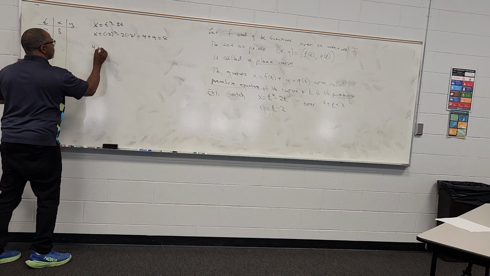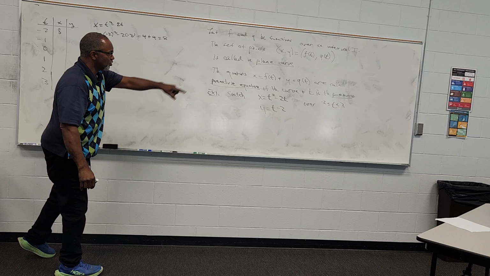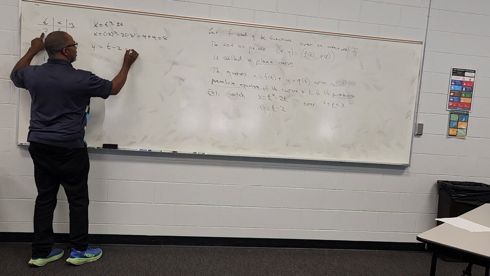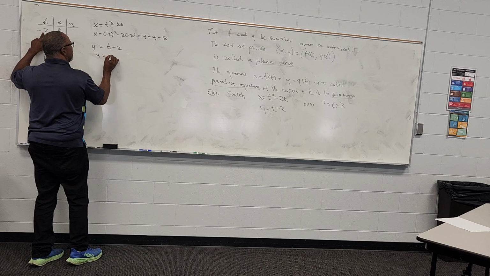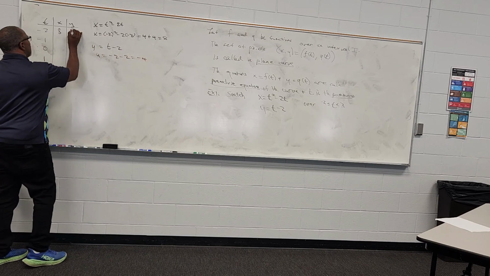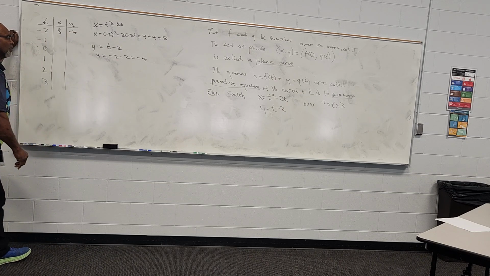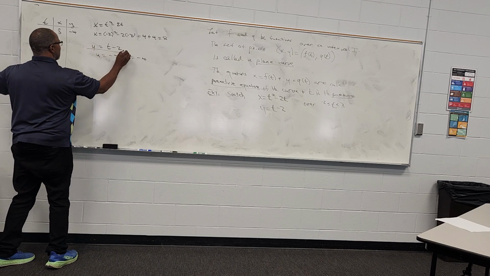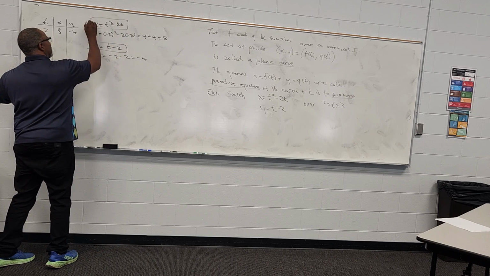Well, y is just t minus 2, so y would be negative 2 minus 2, negative 4. All we're doing is plugging these values into the definitions for x and y.